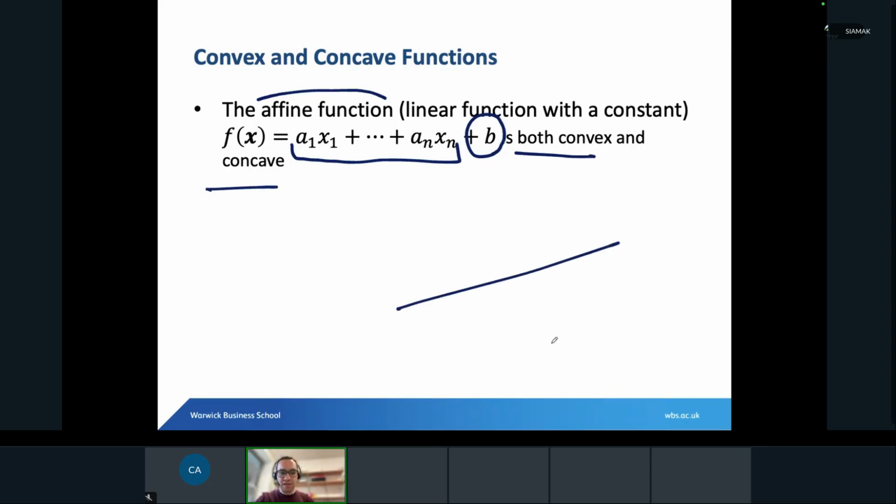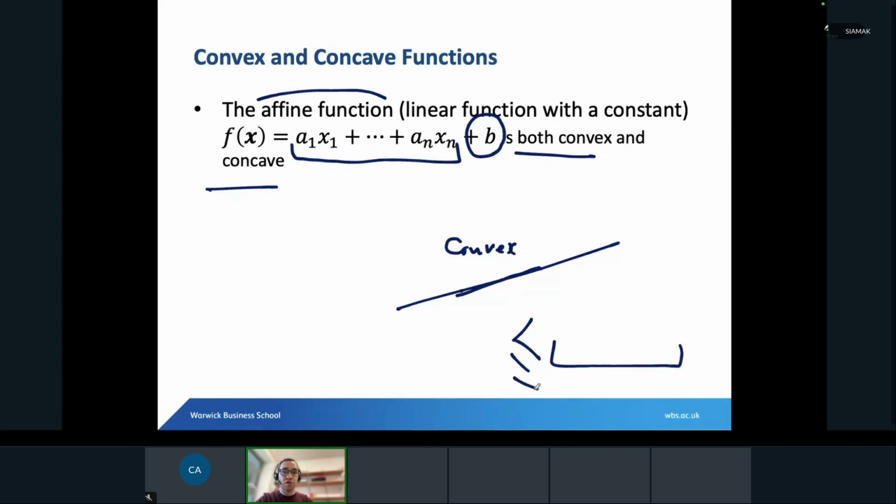This was a linear function, right? And if you choose 2 points, this is on the line. And remember, by the definition, we said that if the line is above the function, then it is convex. At the same time, above, by the way, means greater than or equal. That was the definition that we had, lambda f(x1) plus (1 minus lambda) f(x2).